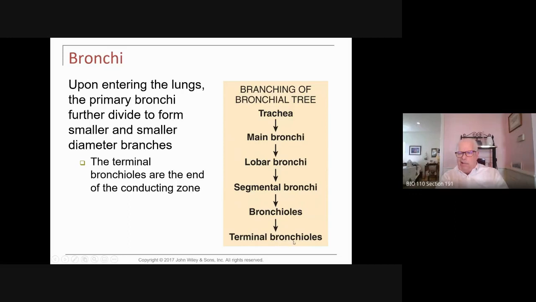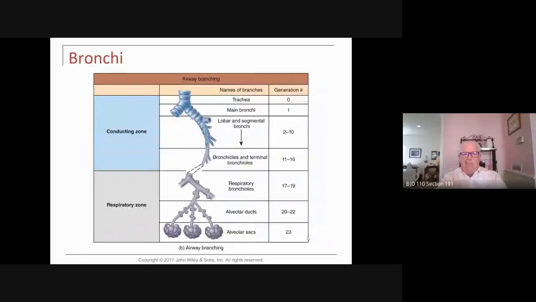The reason this is important is because the terminal bronchioles are the end of the conducting zone. So far, we have air in the lungs which is not being used. It's just there. Once we pass the terminal bronchioles, we will be into a different zone.